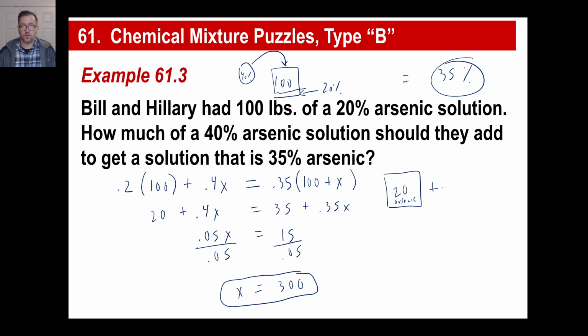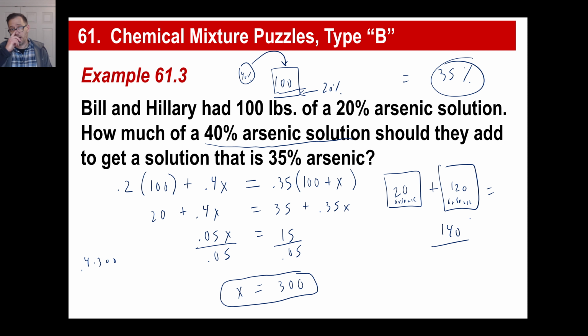If you add the 40% arsenic solution, we're saying the amount you add is 300, right? Well, 40% of 300, in other words 0.4 times 300, gives you 120, right? So altogether, we have 20 plus 120, 140 pounds of arsenic.